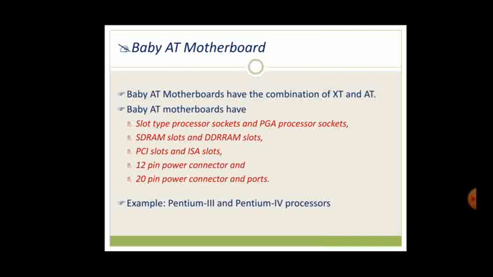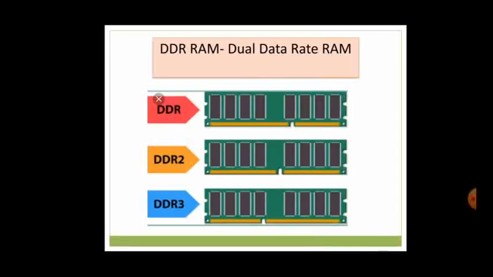Okay, so here this is the DDR RAM. DDR is nothing but DDR1, DDR2, DDR3, nothing but it is double data rate random access memory. That means compared to DDR2, DDR3 is faster.